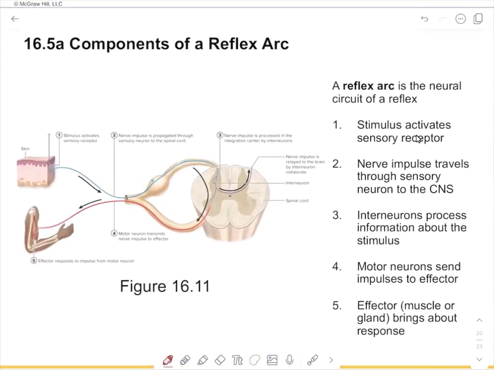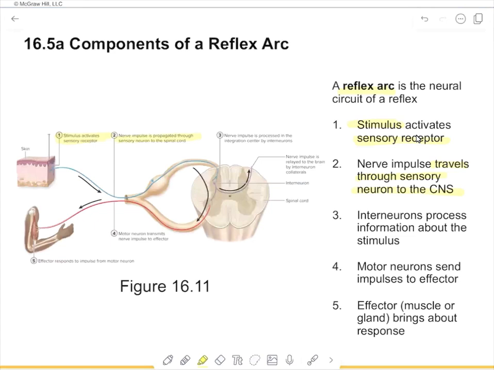The components of a reflex arc are shown on this figure, and those parts of a reflex arc begin with a stimulus activating a sensory receptor, which is what we see at number one. Number two is that the nerve impulse travels through a sensory neuron to the central nervous system.